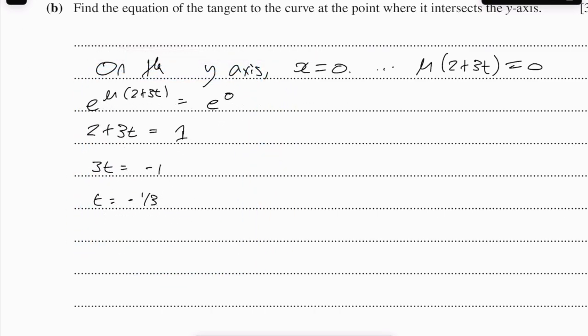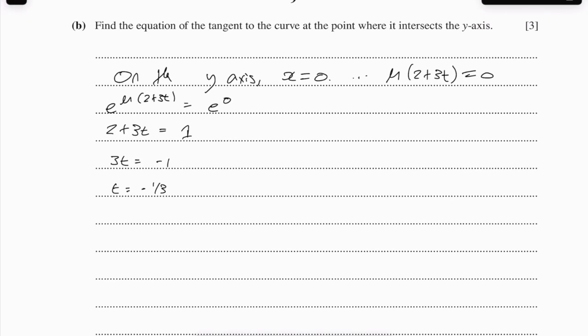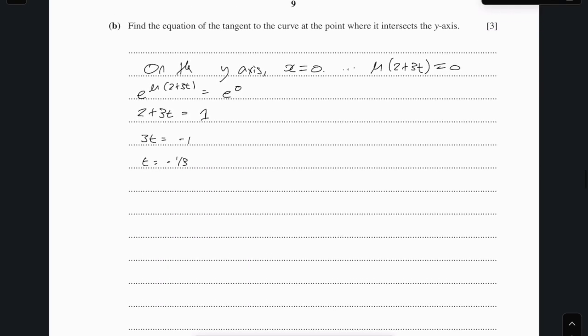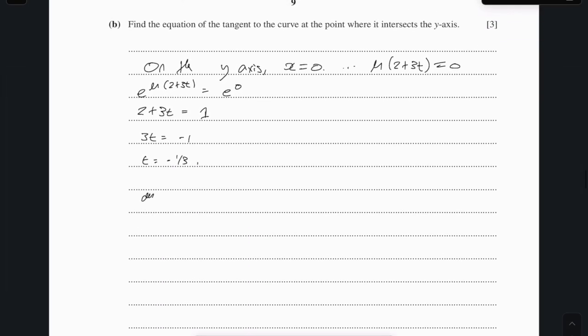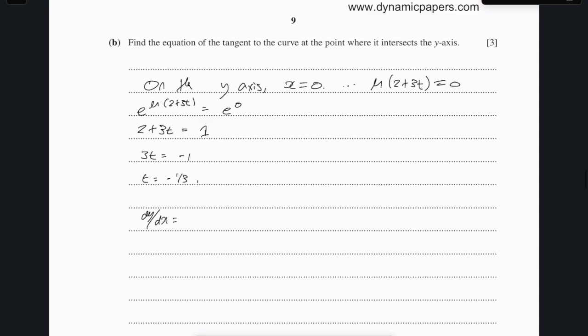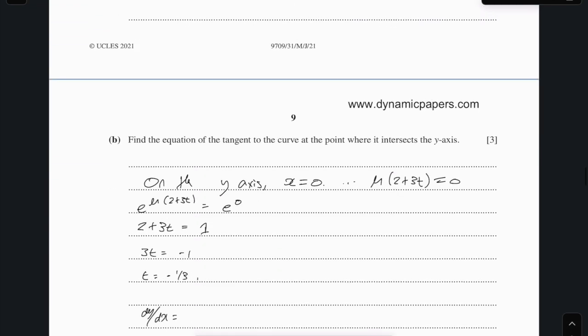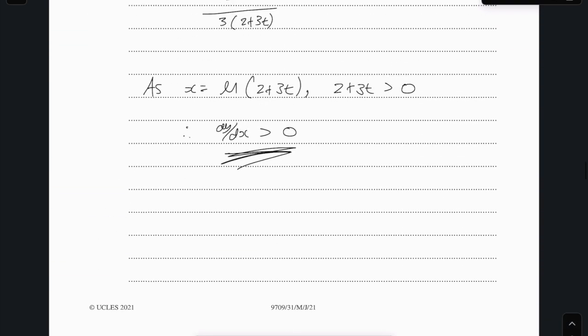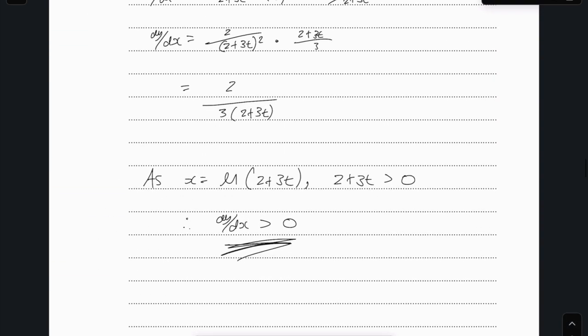Okay, so therefore, if t equals negative a third, then dy by dx is going to equal what? 2 over 3 times 1 over (2 + 3t).